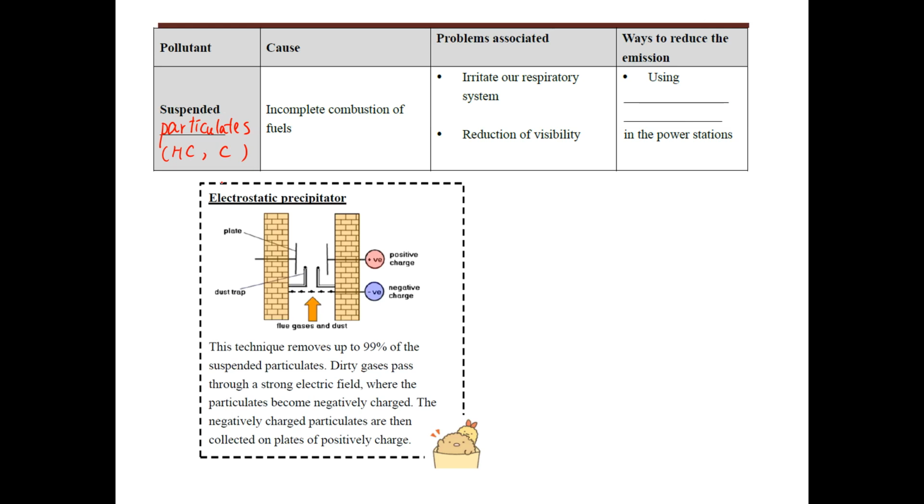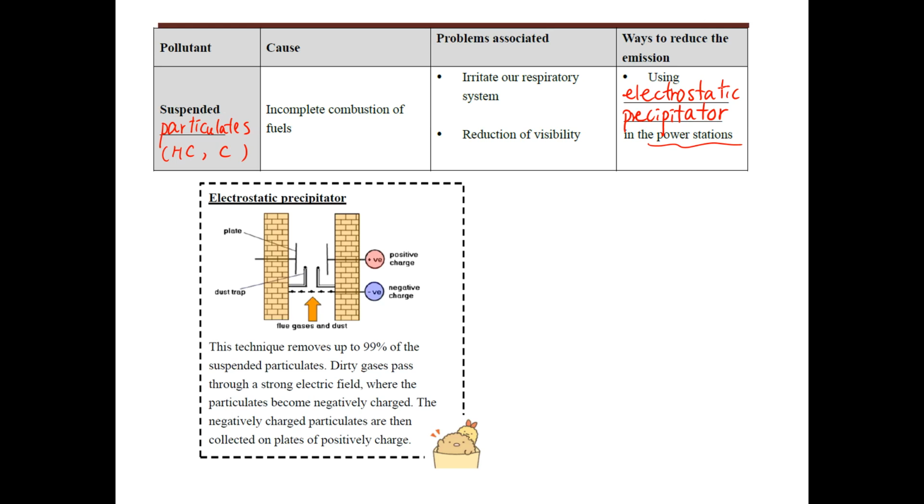So how can we remove the suspended particulate? Suspended particulate mainly comes from power stations. So there is a device, okay, used in power stations, which we call an electrostatic precipitator. So what's the meaning?